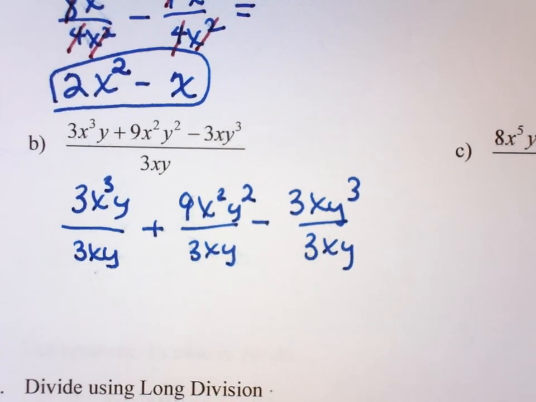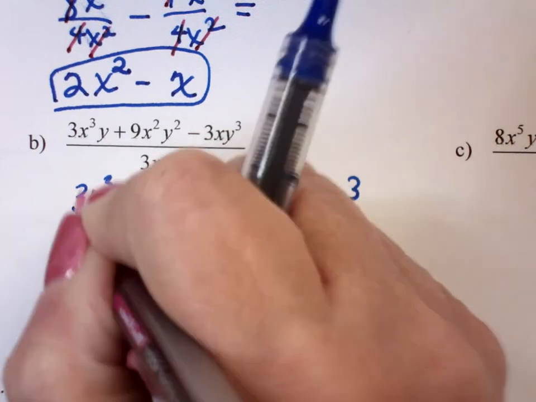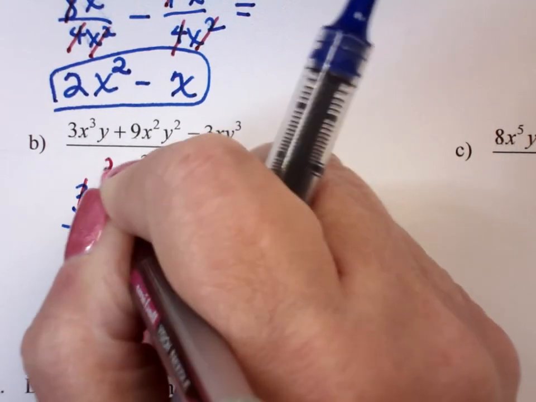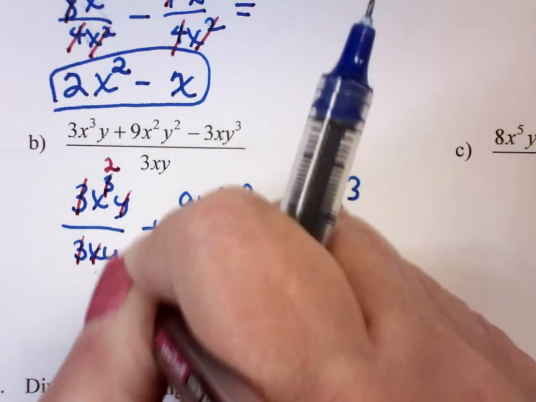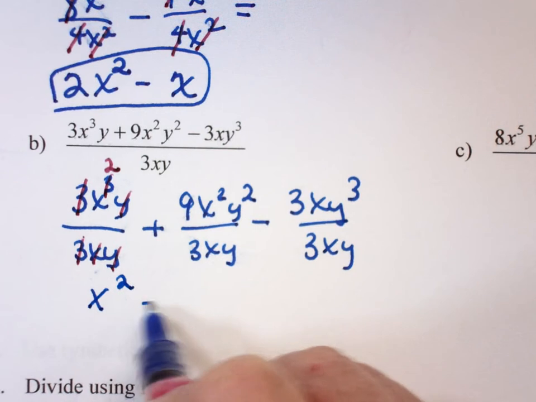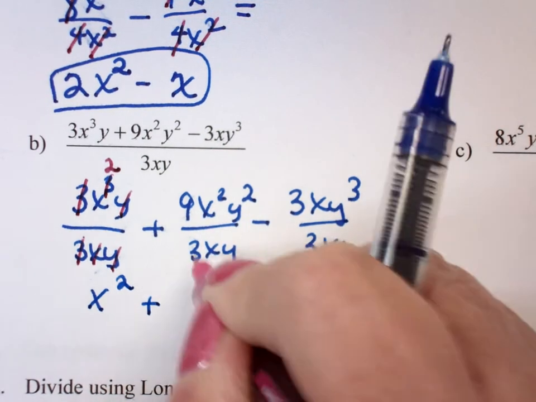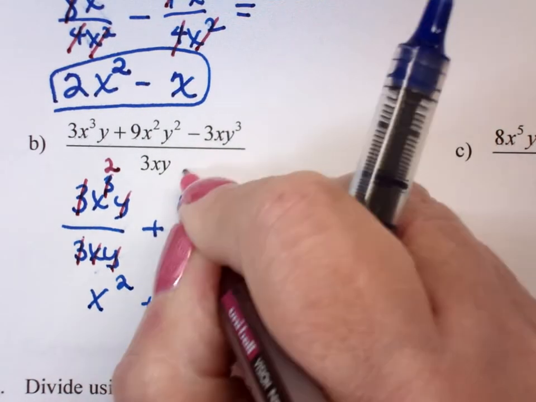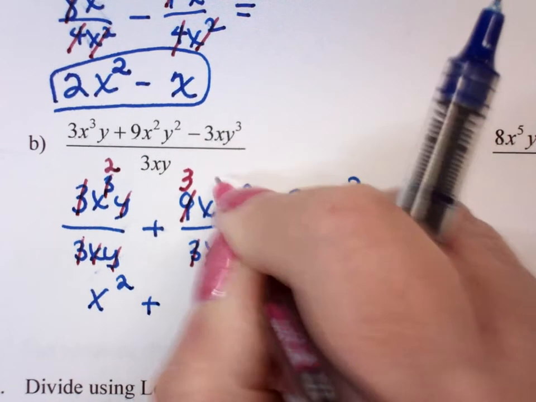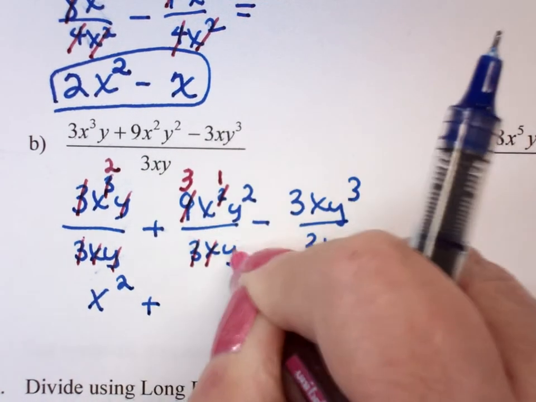Now I simplify. 3 divides 3, takes it out. X takes out 2 of those 3. The y's come out. So I'm left with just an x squared plus 3 divides 9 3 times. X squared, that gives me an x to the 1.